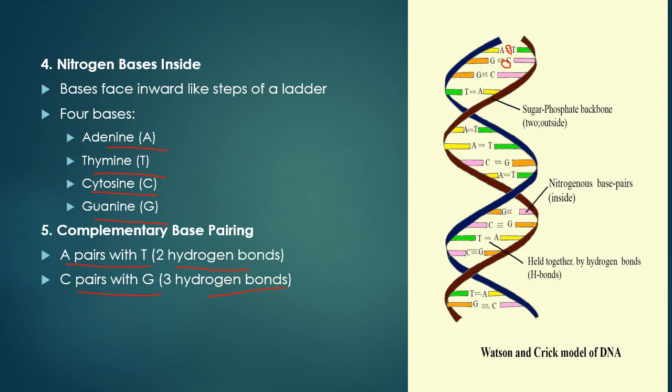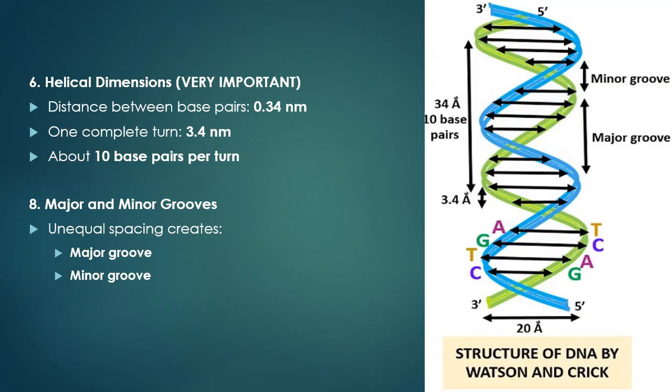Okay, now coming to the helical dimensions. The distance between base pairs is 0.34 nanometers. Here there is one base pair and here there is one base pair, and the distance between them is 0.34 nanometers, or 3.4 angstrom. 1 angstrom is equal to 0.1 nanometers.